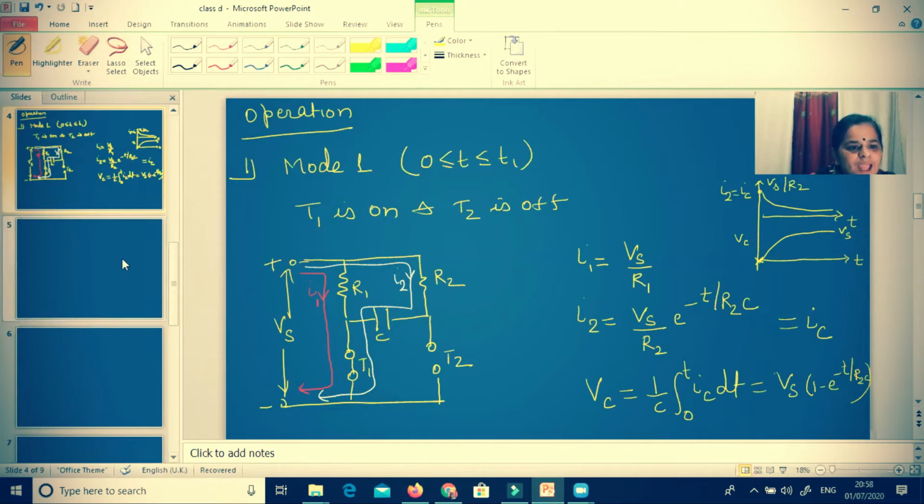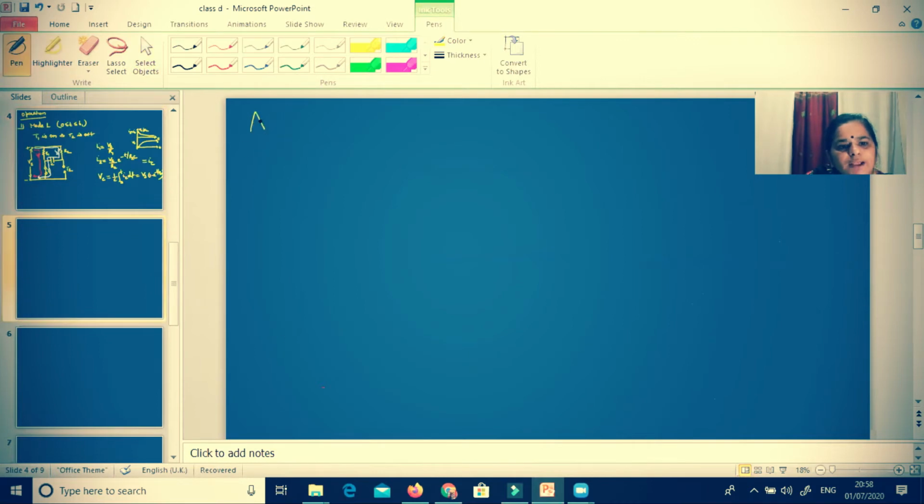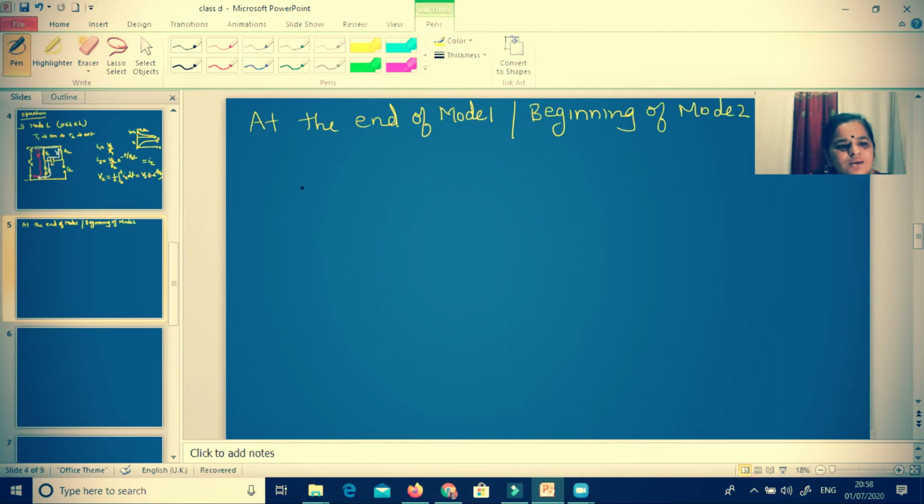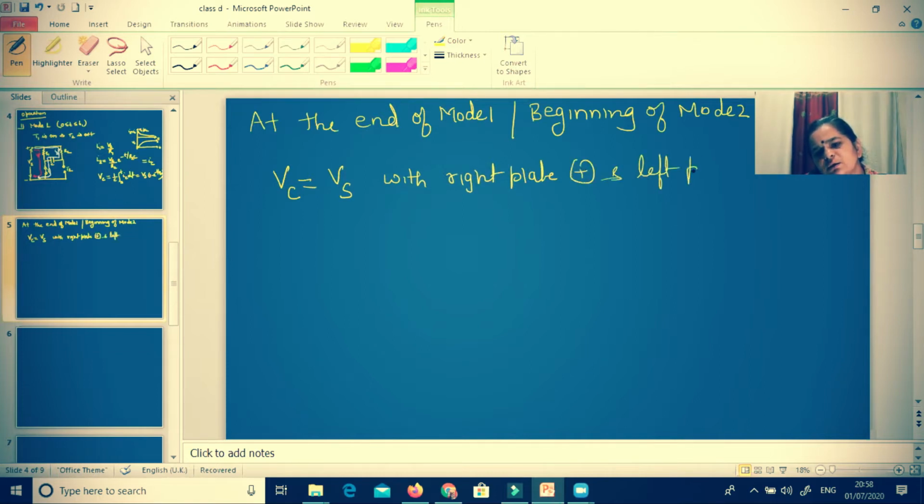Now at the end of mode 1, which is also the beginning of mode 2, what is the circuit situation? At the end of mode 1, Vc is going to have a value of Vs, with the right plate of the capacitor positive and the left plate negative.